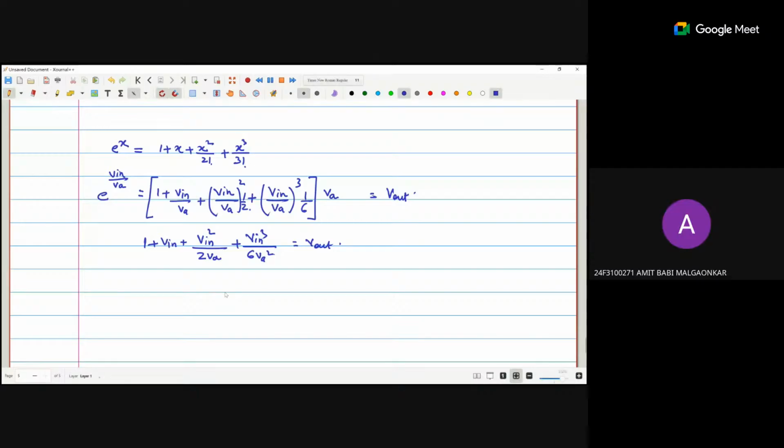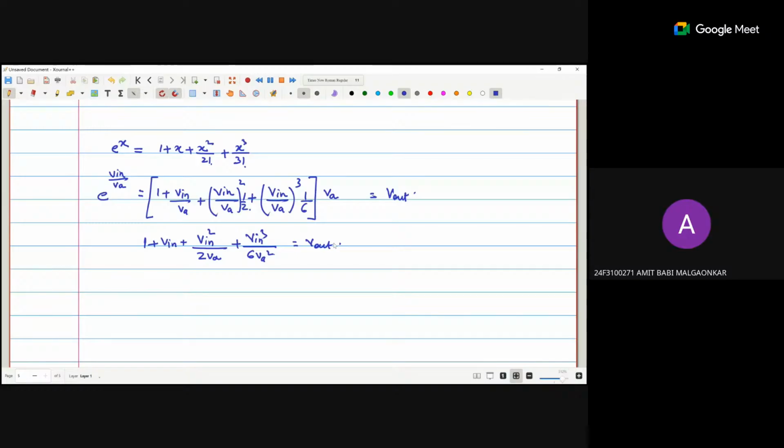Okay, so we differentiate it, put the value of va, and after differentiation we can put that 10. So here it is a normal 1, this is the 2v in, this is the 3v in square, and here it is equal to the 10. Okay, and now we put the value of va and calculate it.